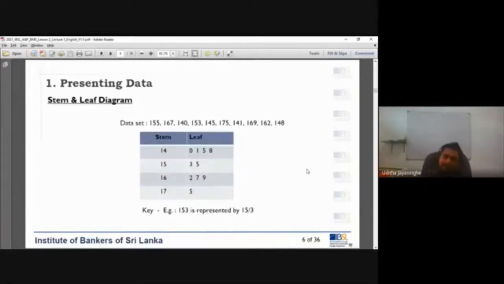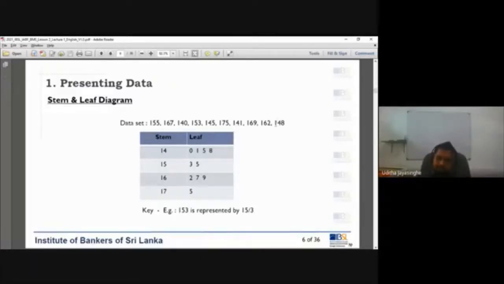If you look at this data set, you have 150, 567, so on and so forth. Now, in the raw form of these numbers, you may see that it is consisting of 3 digits. But if you really look at the repetition elements, you could see this 145, 141, 148.